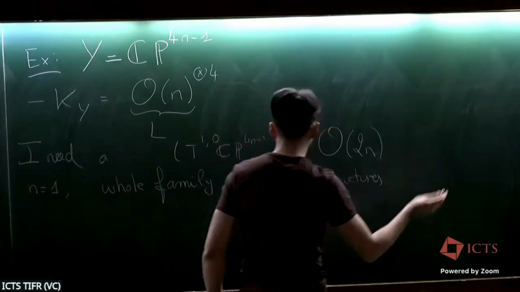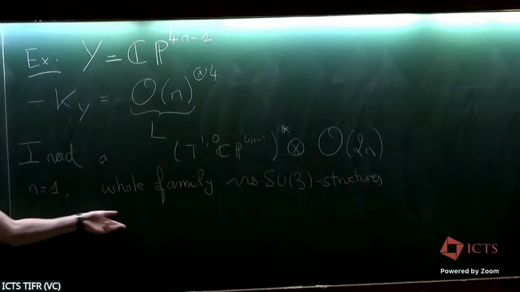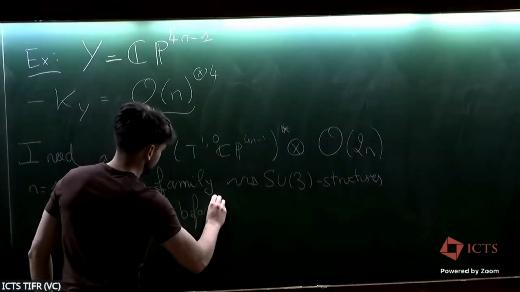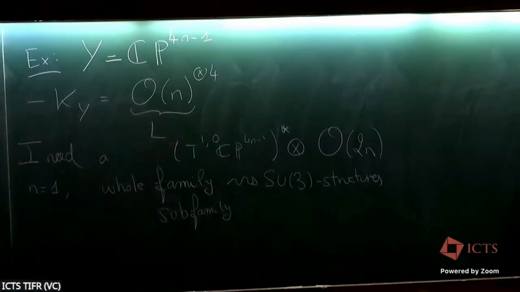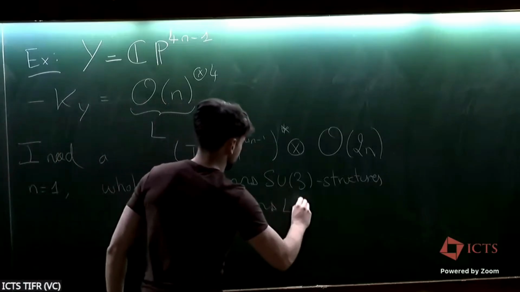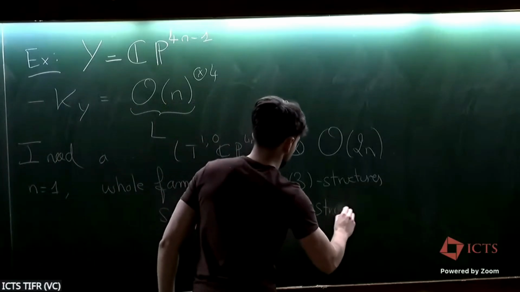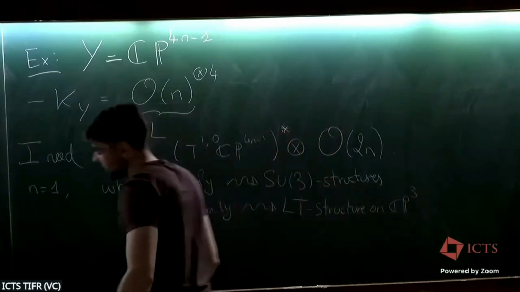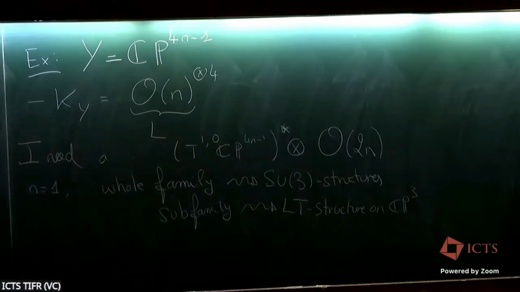on CP3. And even better, there is a subfamily of this family which actually produces SU(2) structures on CP3. And I'd like to make a comment on this, because we might think that this theorem is somehow Kähler reduction, but it is not, because with this twist form condition, I'm actually trying to kill the integrability.